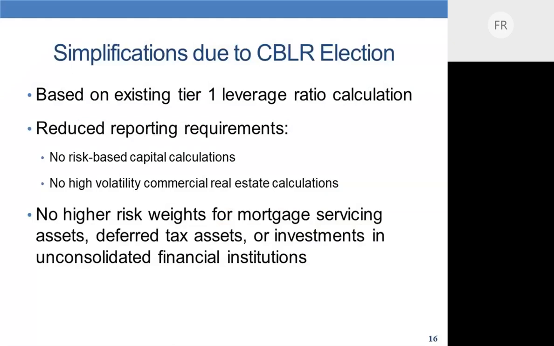Institutions that elect and qualify for the CBLR do not need to calculate high volatility commercial real estate requirements as part of their risk weighting process requirements or apply higher risk weights for mortgage servicing assets, deferred tax assets, or investments in unconsolidated financial institutions.